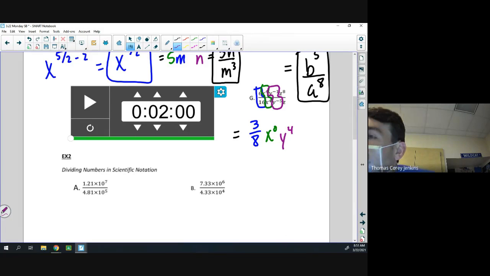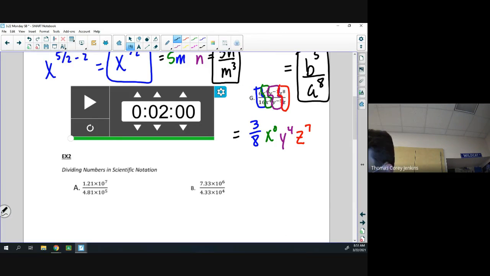And then the last part, z to the 8 over z. For my exponent, I'm thinking 8 minus 1, which would give me 7. So that is a correct answer. We just want to make it look a little prettier and totally simplify it.